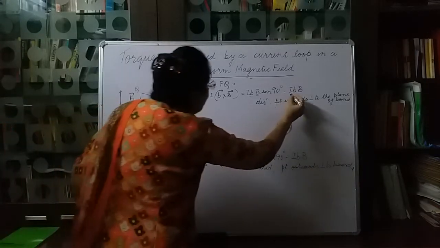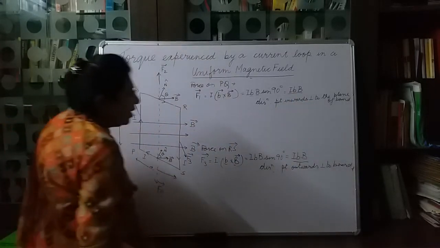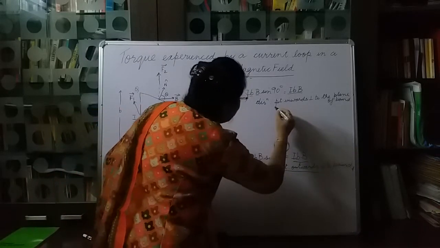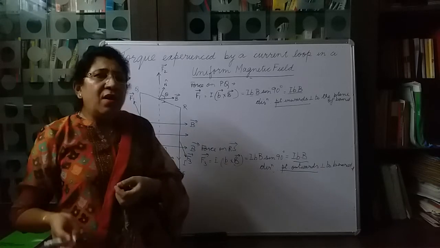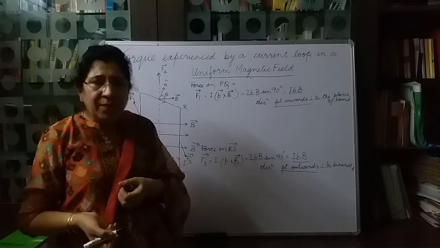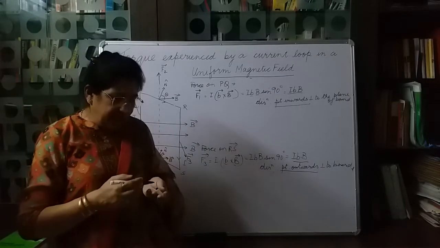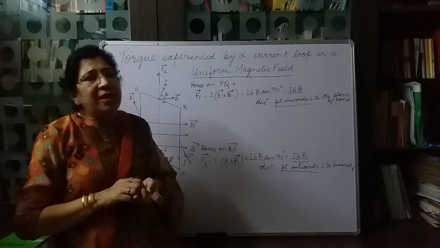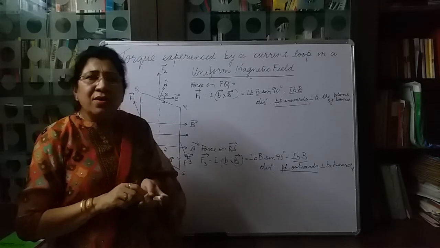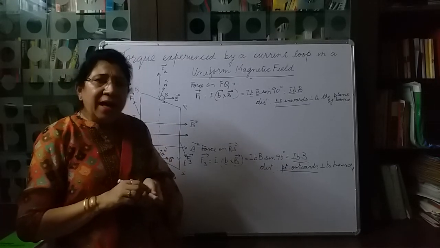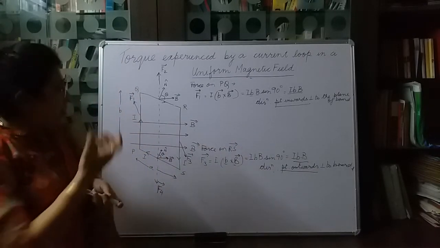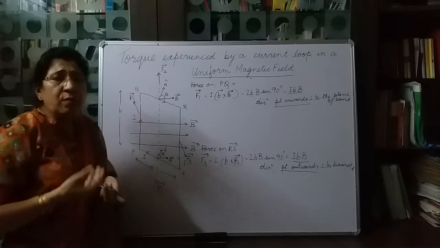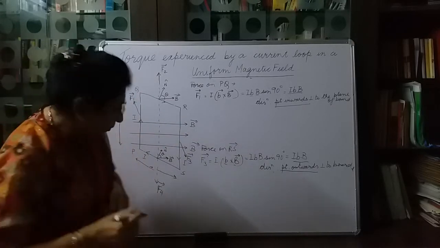These are also equal in magnitude and opposite in direction. But the line of action is not the same, it is not coinciding. When there are two forces which are equal and opposite having different lines of action, they constitute a couple. And the couple gives the rotatory motion, that is the system, here the current loop, will experience a torque.